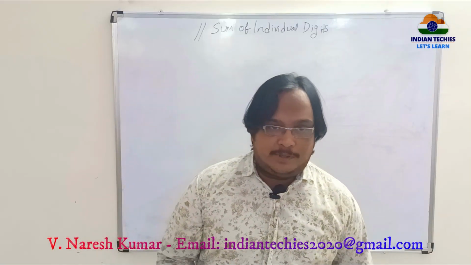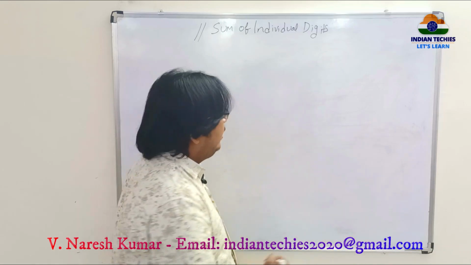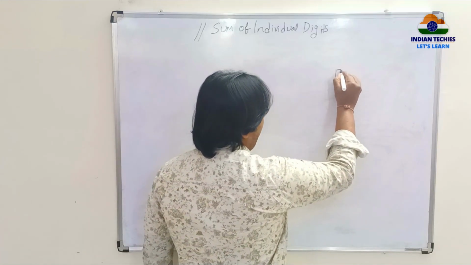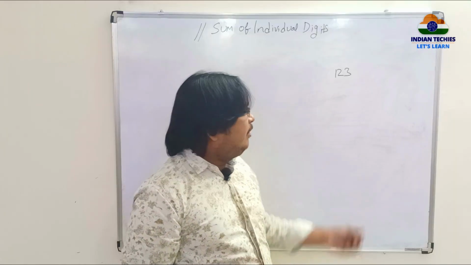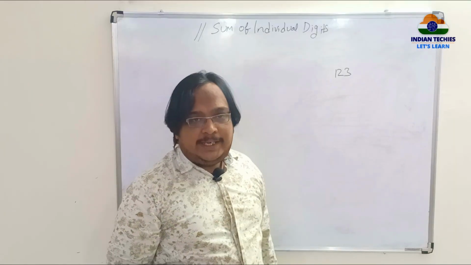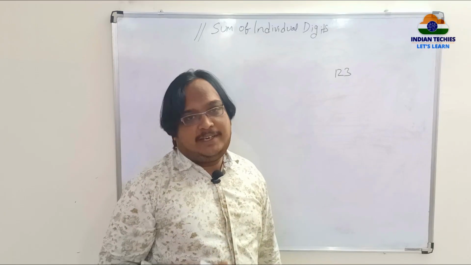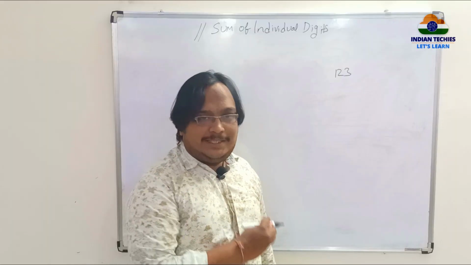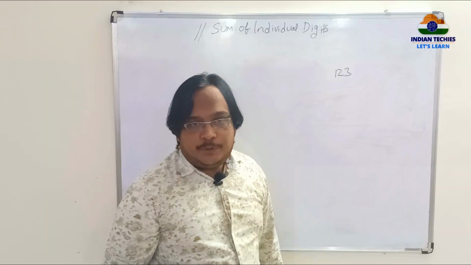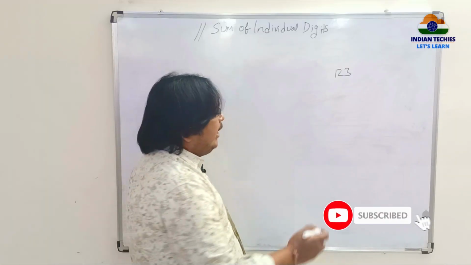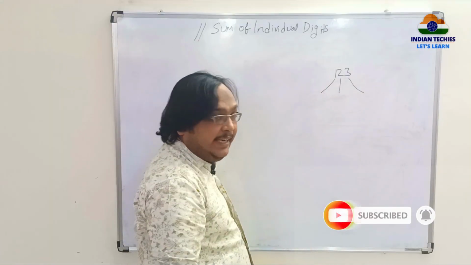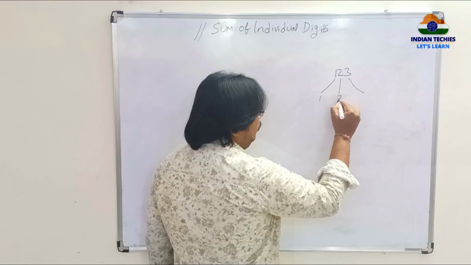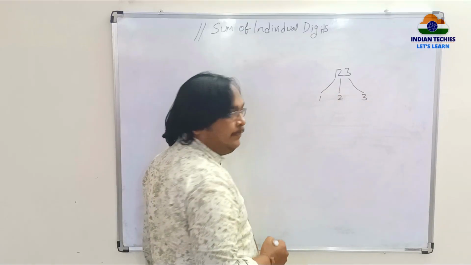So what do you mean by sum of the individual digits? First of all, consider any individual number. I will give input of this number like a single value. 123 is a single value. Now whatever number I have given as input, it has to split into individual digits like 1, 2 and 3.